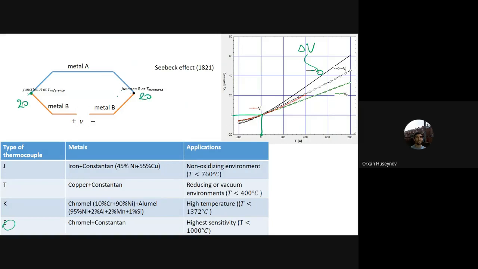There is no temperature change. See, 0 and the 0 voltage. And I increase by 200 degrees. I have here, let's say 15 millivolts. So temperature here is 220 instead of 20.